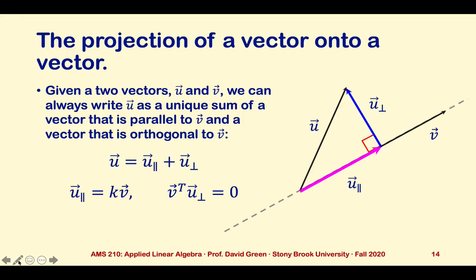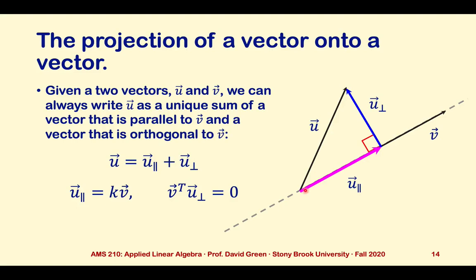And we'll begin with the projection of a vector onto a vector, where things are fairly easy to understand. Given a pair of vectors, some u shown here and some v shown here, we can always write or decompose u into a unique sum of one vector that is parallel to v and one vector that is orthogonal to v.